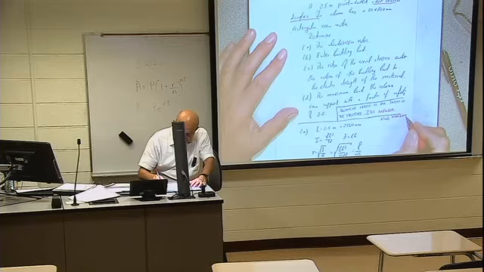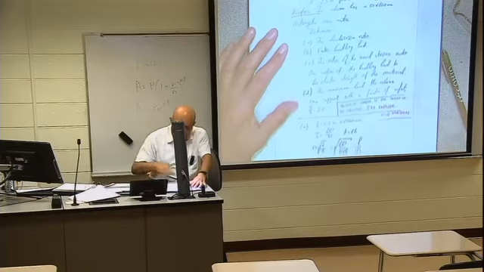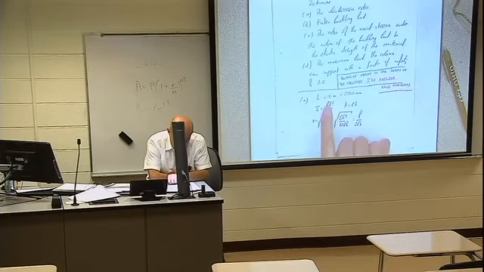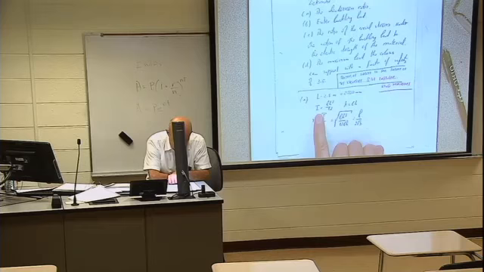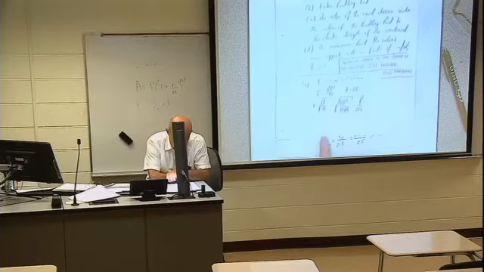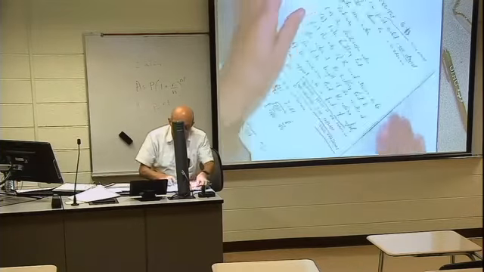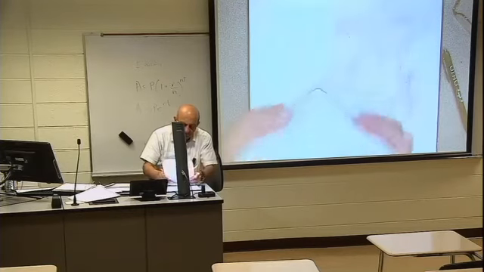So length equals 2.5 meters or 2,500 millimeters. Moment of inertia, this is the rectangular cross-section, BH cubed divided by 12. So A equals BH. So we calculate how much is radius of inertia.